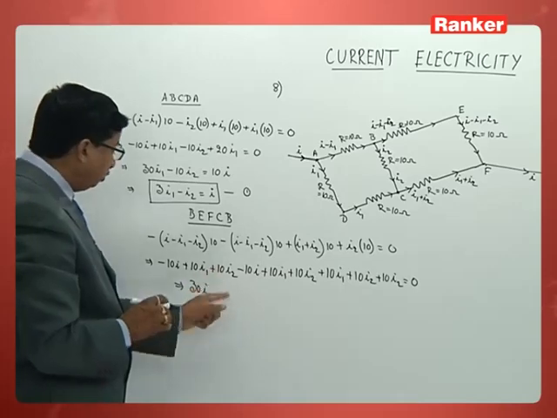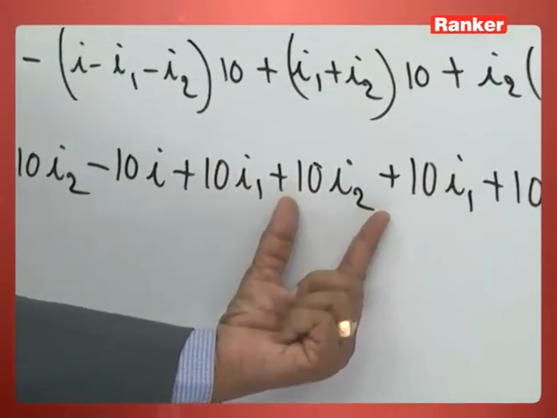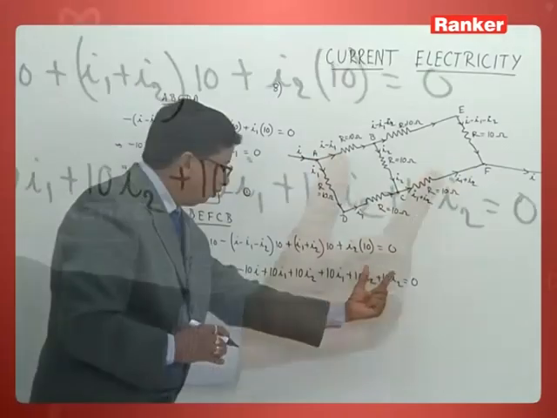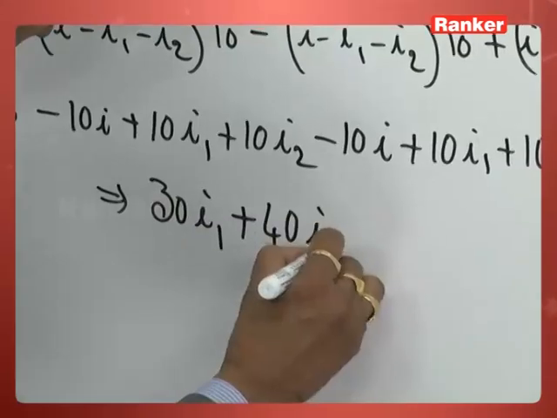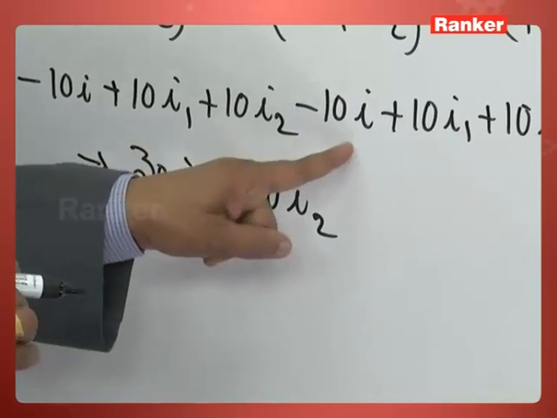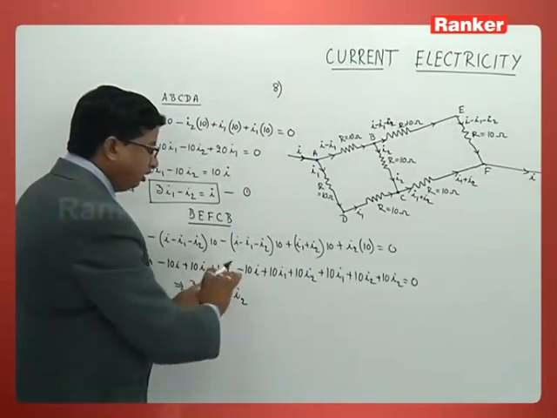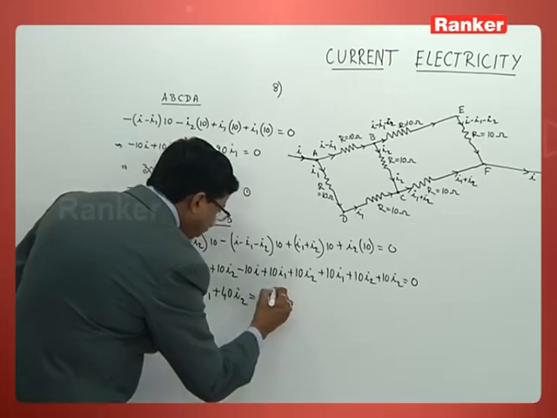What next about I2 you see? 10I2 plus 10I2 20I2, 30I2, 40I2. So plus 40I2 is equal to, that is minus 10I minus 10I 20I, that coming that side it becomes simply 20I.